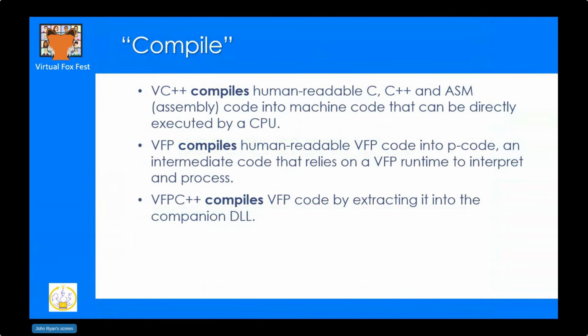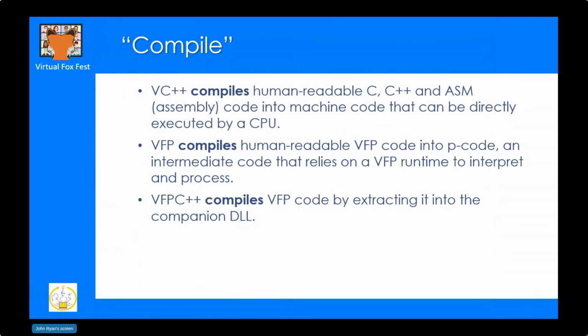So in the old days, C++ compiled human-readable C code into machine code that is directly run by the processor. That was the original meaning of compile. VFP compile means it converts human-readable VFP code into the intermediate P code that then needs the VFP runtime, which interprets and processes the P code.